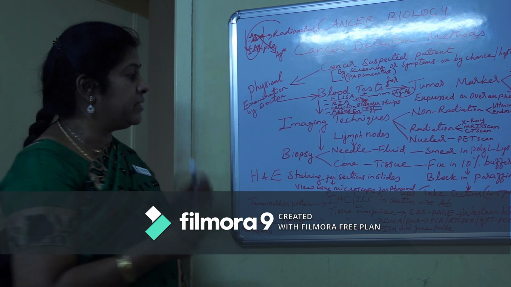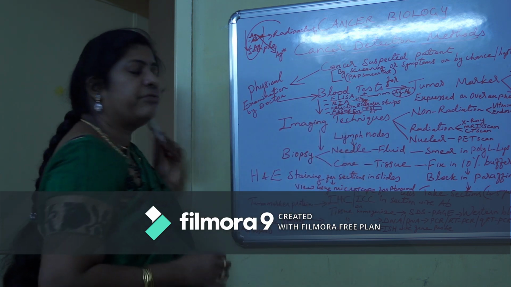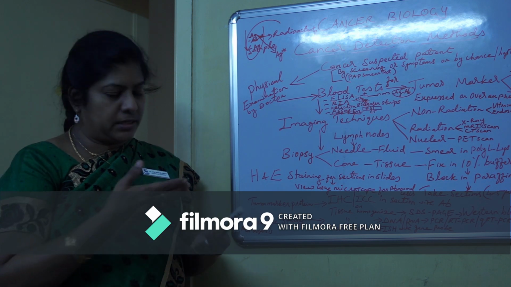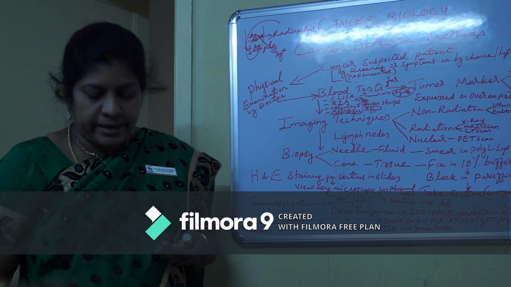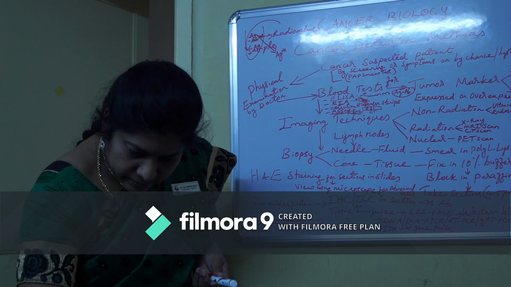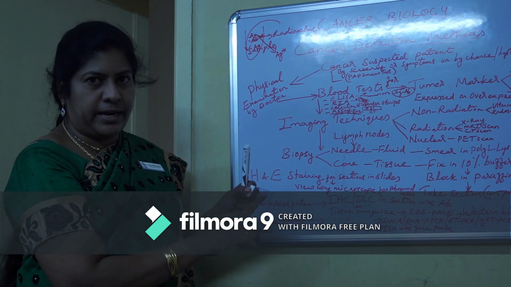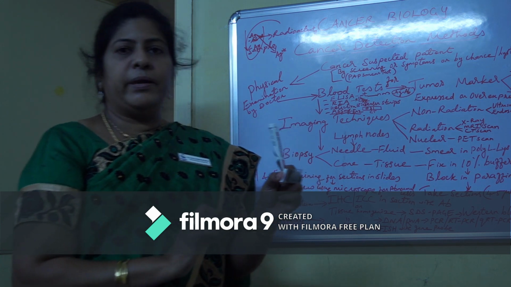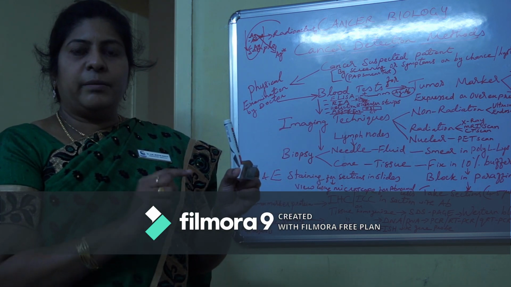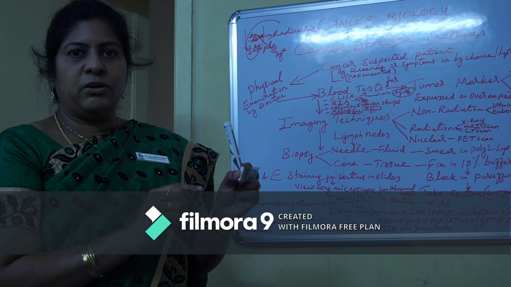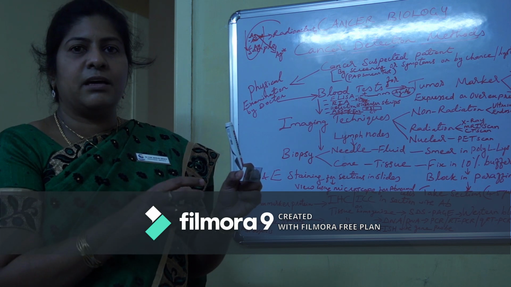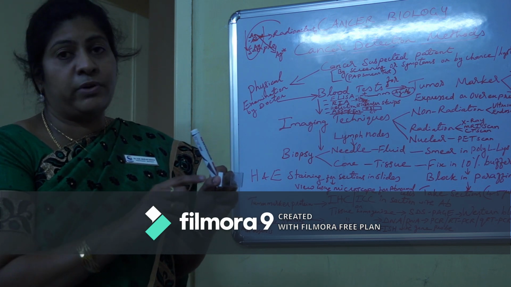That can be tested by taking a biopsy from the lymph nodes and spreading it on a slide like this. The biopsy can be spread on the slide, and this can be stained with hematoxylin eosin to find out how many cancer cells have spread to this lymph node region.